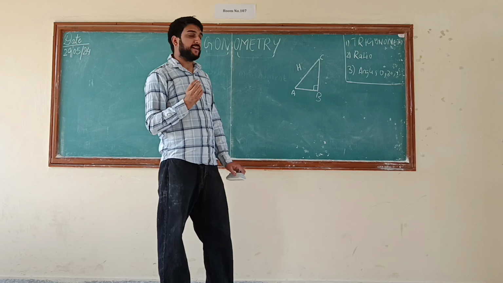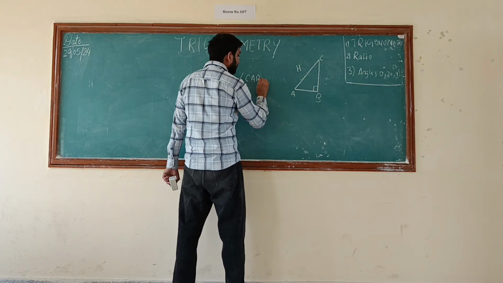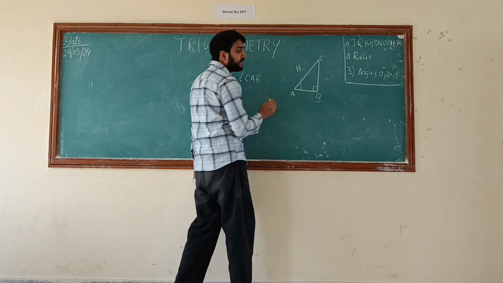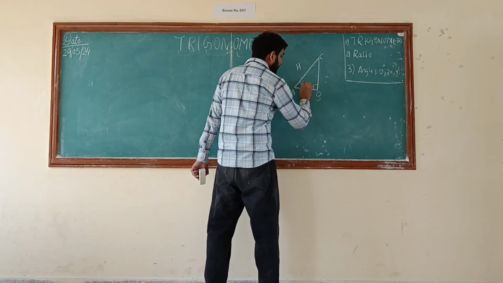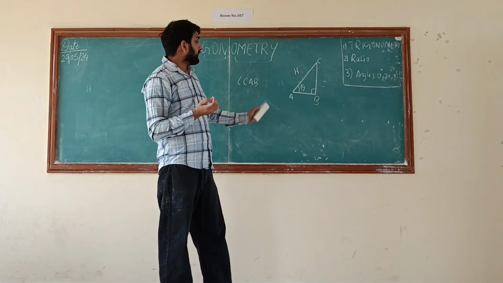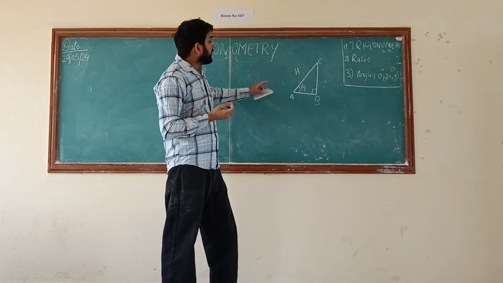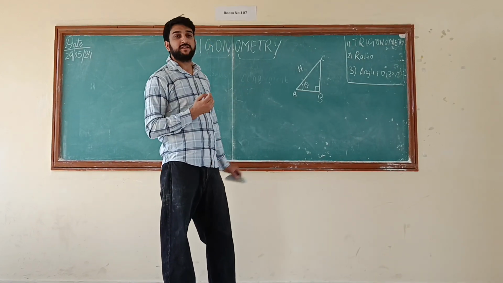If we consider angle CAB, this is the angle. We use theta to represent angle. So here theta is a Greek letter which we use to denote angle.